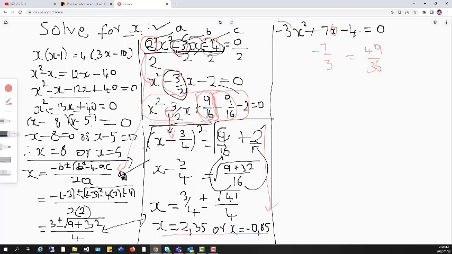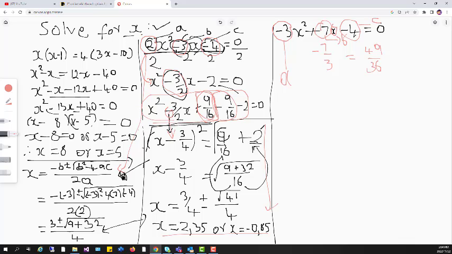If you substitute straight into the formula, -3 is your a, the coefficient of x squared, 7 is your b, and -4 is your c. So that is your homework.